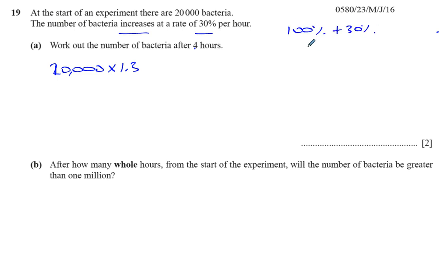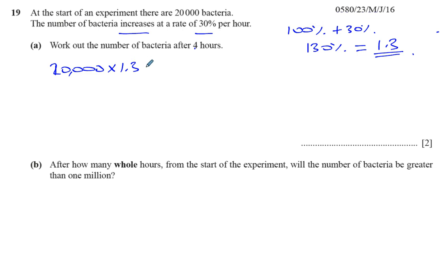So if you multiply 20,000 by 130%, you are increasing it by 30%. Now 130% is equal to 1.3 as a decimal, so that will increase 20,000 by 30%.